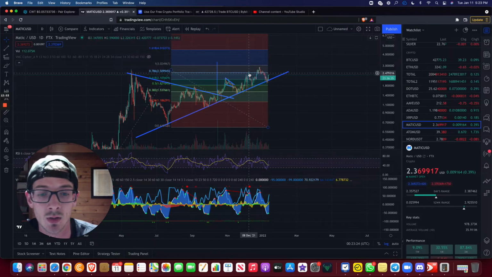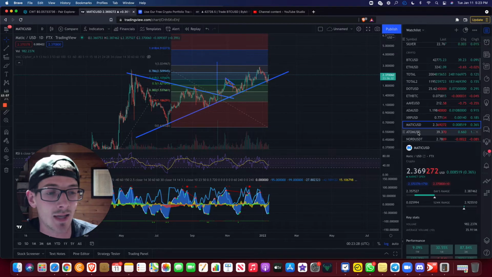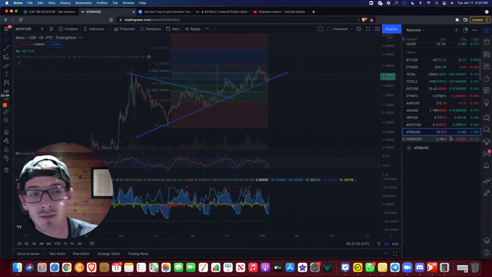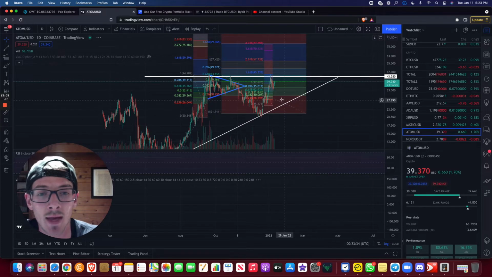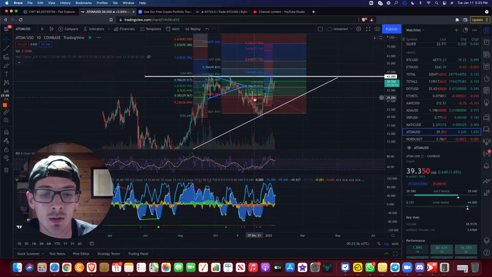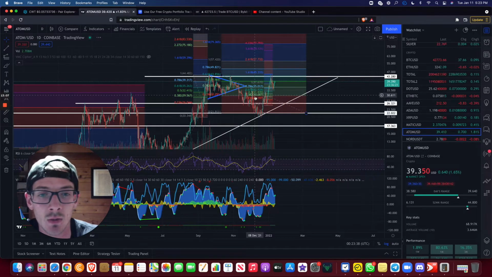So this was on December 7th or December 8th. I can't remember the exact day. But I moved those profits into Atom. And with Atom on December 7th, December 8th, we can see that we were down here right at around 20, depending on which candle you look at.